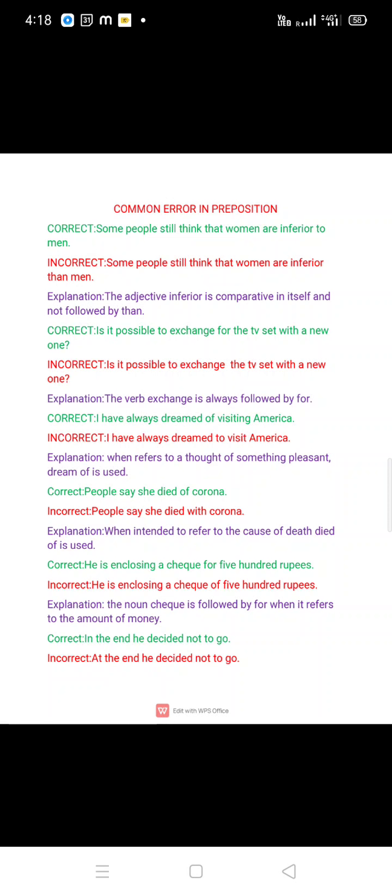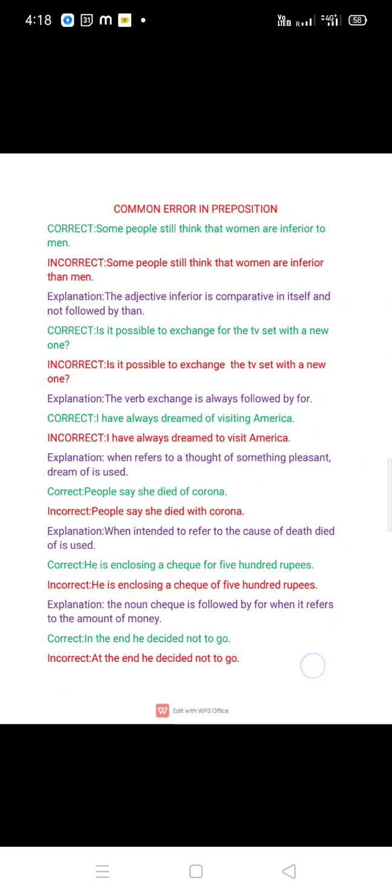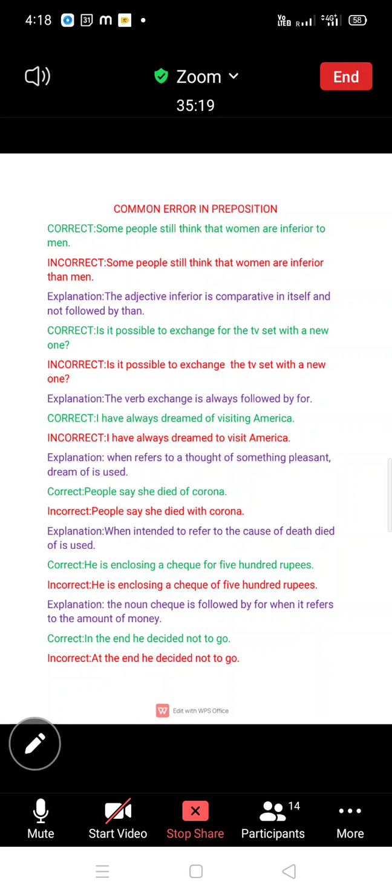Okay, not check of 500 rupees, check of 1000 rupees. No, check for 500 rupees, check for 1000 rupees. This is a very common mistake, so you should know. Now the next one.